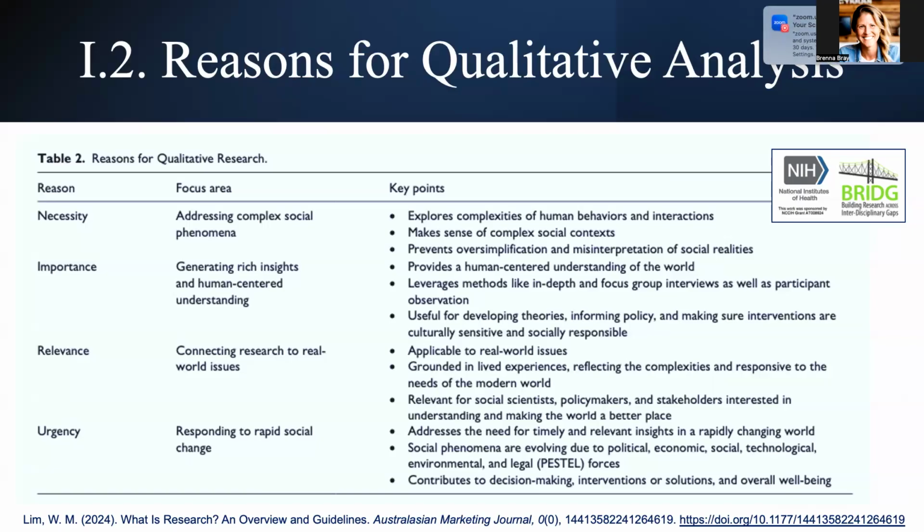So PESTEL: political, economic, social, technological, environmental, and legal forces. And we can use qualitative research to really keep up with those changes. And it contributes to decision-making, interventions, or solutions, as well as overall well-being.